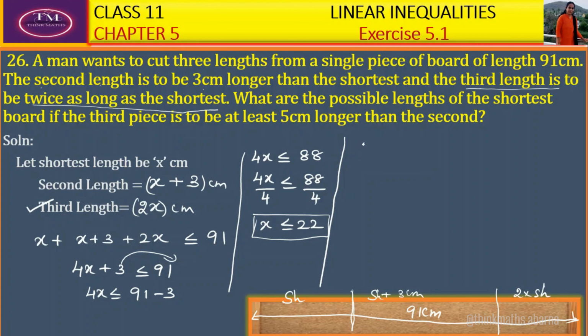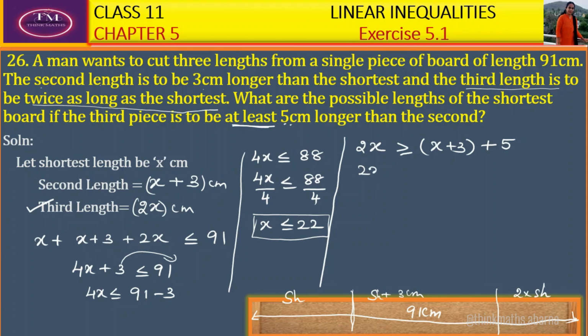It is 2x. 2x should be at least, means greater than or equal to, at least 5 centimeter longer than the second. What is second? Second is x plus 3. Longer means we have to add. How much longer? 5. Okay, this is another inequality.